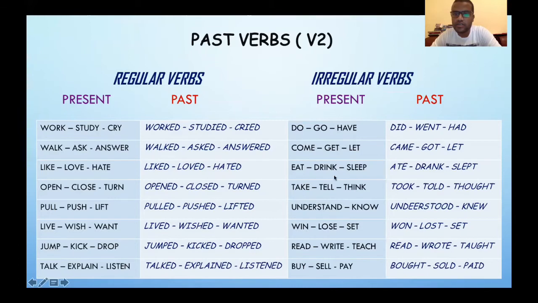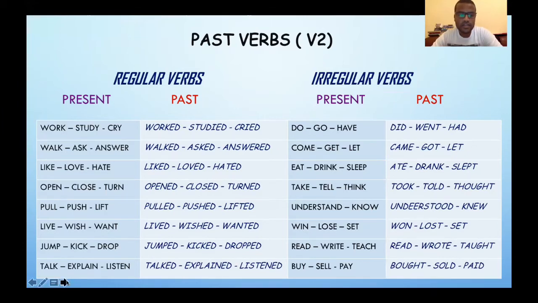As you notice here, the form of these verbs changed completely, which means that you have to learn them by heart so as to memorize them. For other verbs, we are going to add ed or d or ied. It depends on the verb.